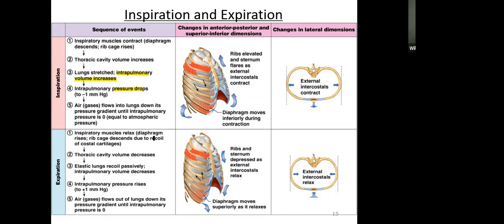Expiration: inspiratory muscles relax, diaphragm and ribs rise, rib cage descends due to the recoil of costal cartilage, thoracic cavity volume decreases, elastic lungs recoil passively. We've got the intrapulmonary pressure, which is going to rise because we're doing the opposite, and then the air gas is going to flow out of the lungs.